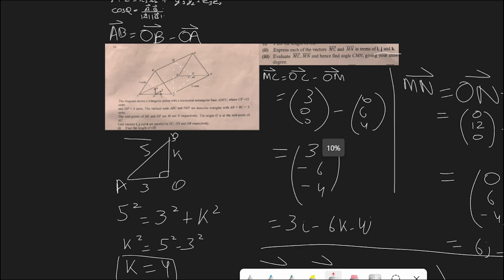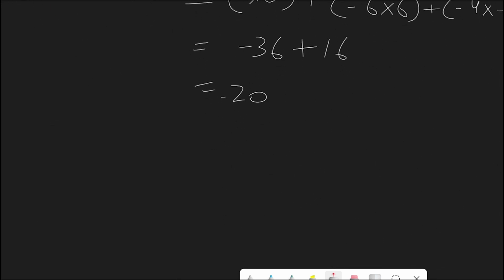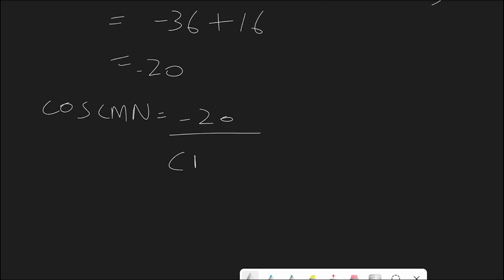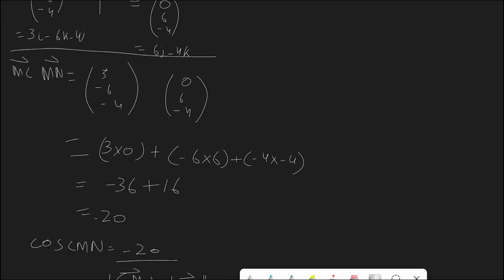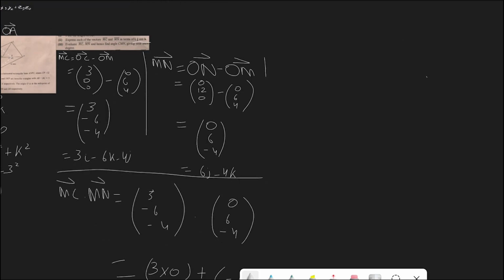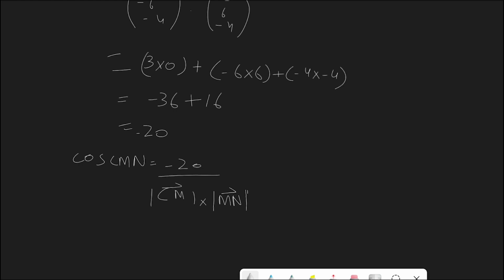Okay, so angle CMN would be from that formula: cos of CMN is equal to minus 20 over the magnitudes multiplied, MC times MN, because we are multiplying the magnitudes over here. First we need to calculate the magnitudes. Sorry, I have written CM over here, let's just change it to MC and MN.